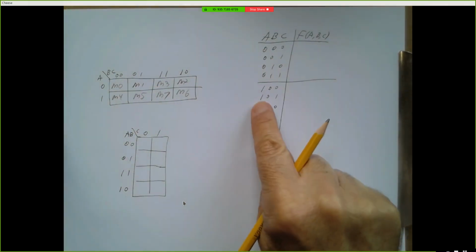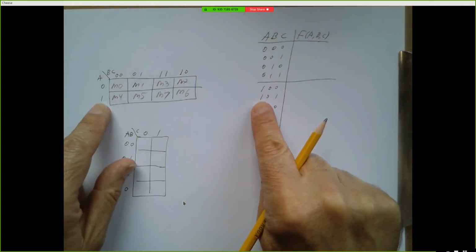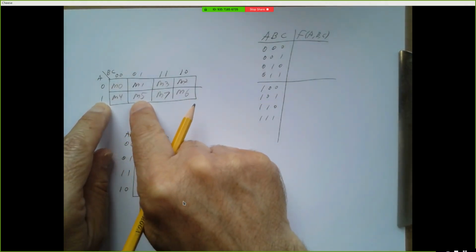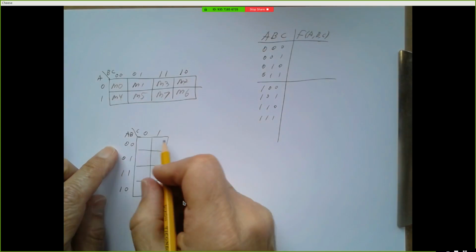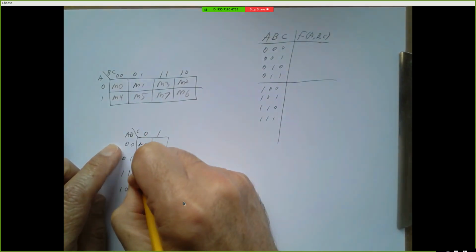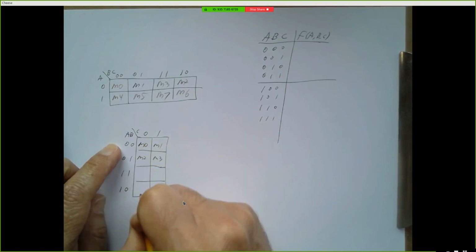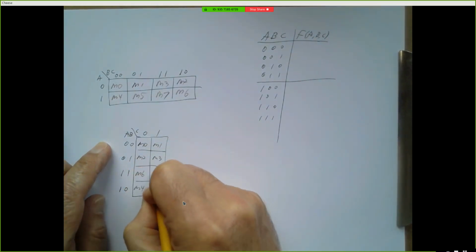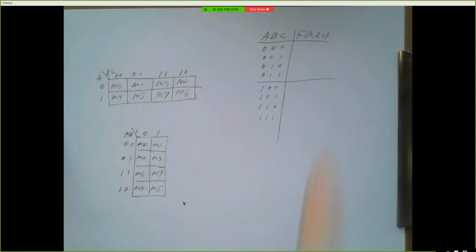So 1, 0, 1, A is 1, B and C are 0, 1, that's right here, there's minterm 5. And in this format, it would be minterm 0, 1, 2, 3, 4, 5, 6, 7.